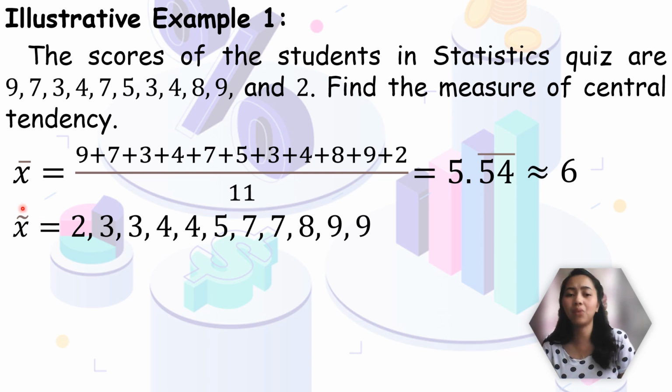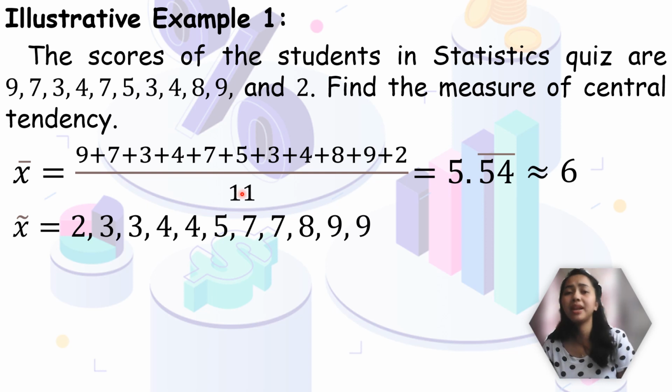Now, let's have what we call median. In terms of median, mga anak ko, dito na kailangan natin i-arrange from lowest to highest, or it could be highest to lowest. Parehas lang din yung kanyang kalalabasan. So, we have here 11. That is the total number of our elements.